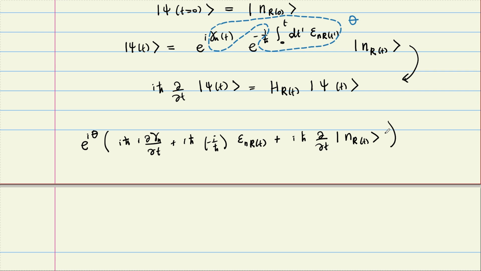There should also be epsilon at t equals 0. I think the fundamental theorem of calculus says that if you have d dx of the integral from 0 to x of dx prime f of x prime, this is f of x, or f of x minus f of 0.